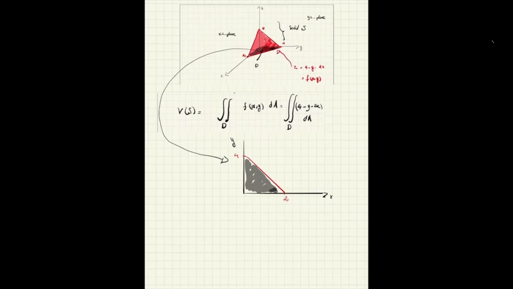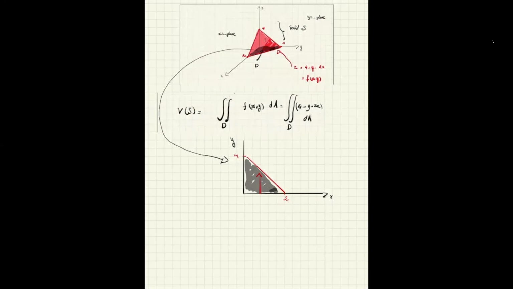So for example, if you want to do the region, that type 1 region, you have to, right? And remember, what is the equation of this line here?